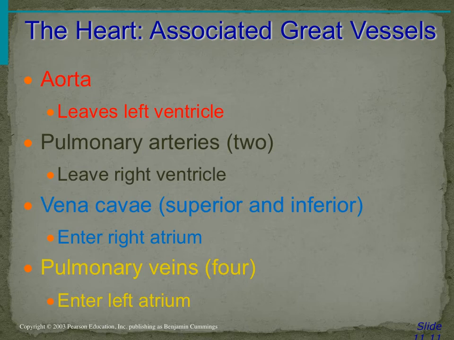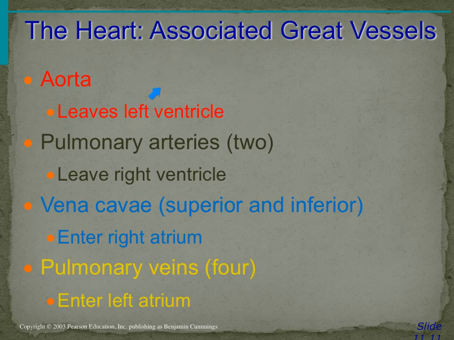There are a couple of great big vessels associated with the heart. We'll talk more about other blood vessels a little bit later on. But the major ones attached to the heart, you have the aorta, so that leaves the left ventricle, pumps blood out to the body.